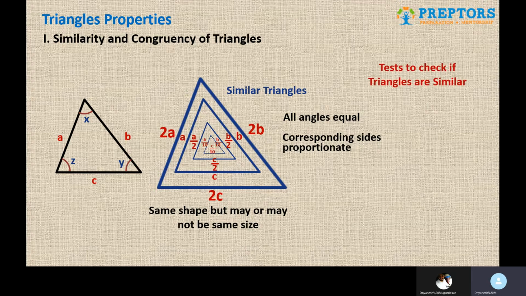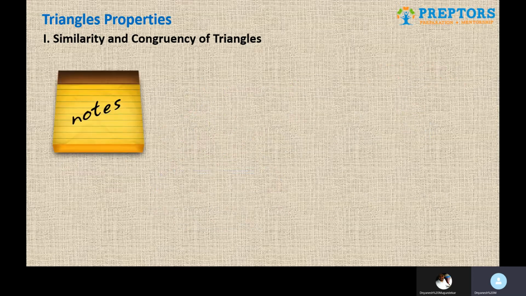And once you prove the triangles similar, there are some very amazing things that you can apply as far as the solving is concerned. To check similarity, the easy part is that you just require two angles, which is the AA test, the angle angle test. Then you have the side angle side test, whichever way you are going about it. So these are the different ways in which you can check.